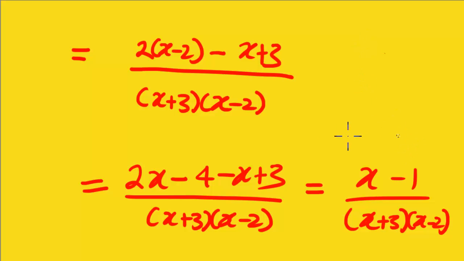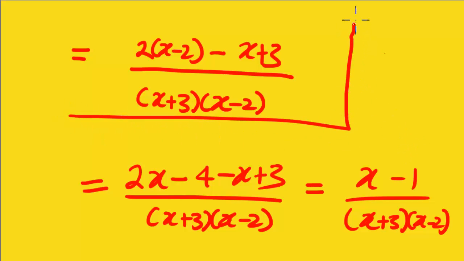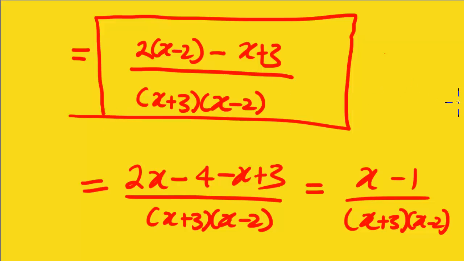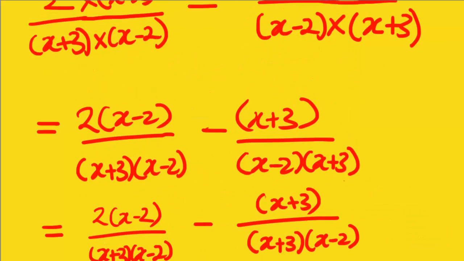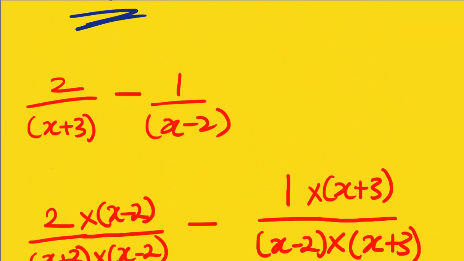And that's your final simplified answer. But to be honest, this is the point I wanted you to get to: you started with the original fractions, where the original fractions have different denominators.